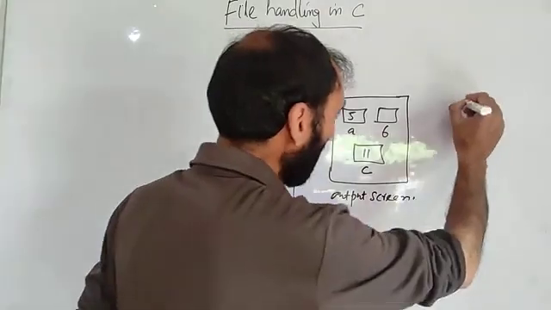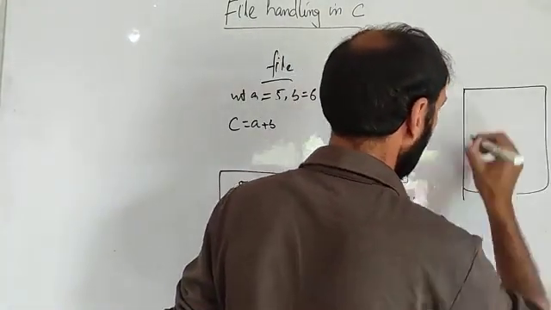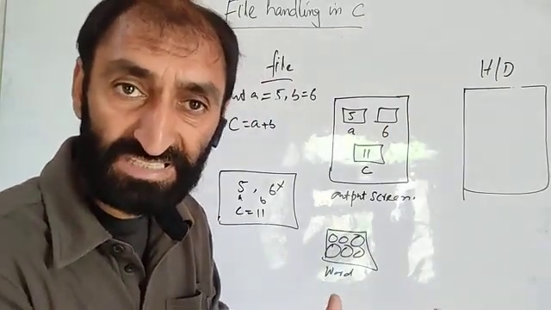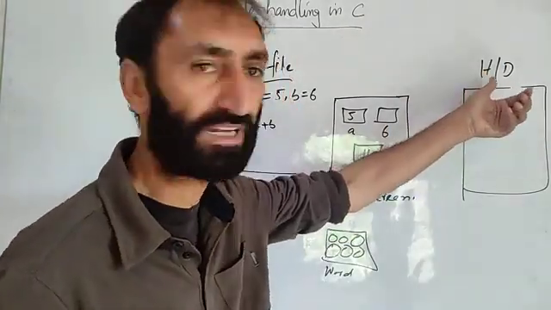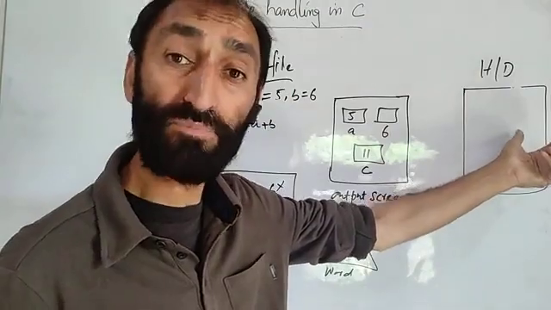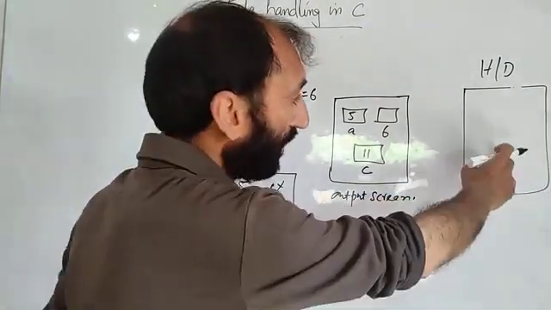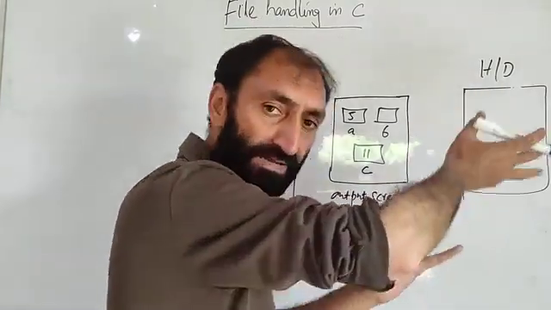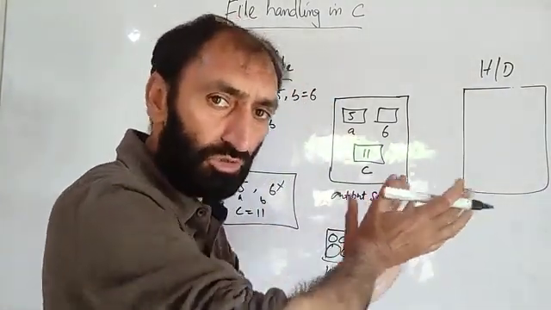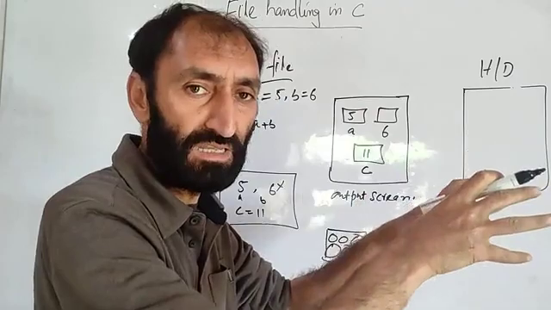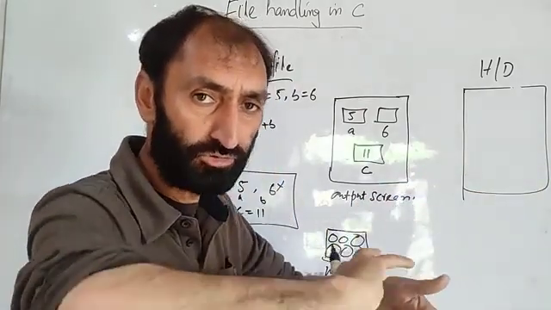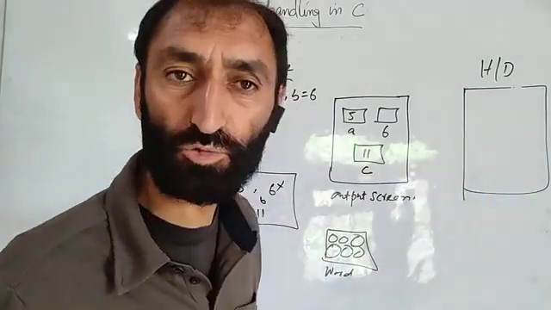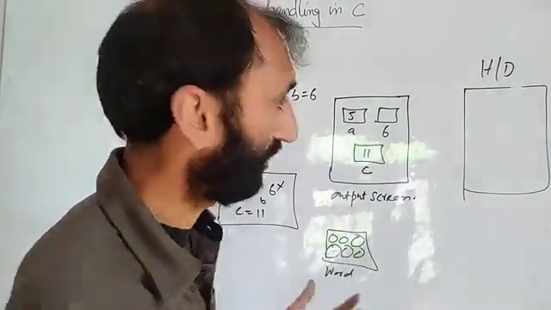We know that there is another type of memory that is called a hard disk. Hard disk is the secondary memory, or we can say it is a permanent memory. It retains the data permanently. It is non-volatile in nature. If I want to store my data permanently, or for further references, we can store it on the hard disk.